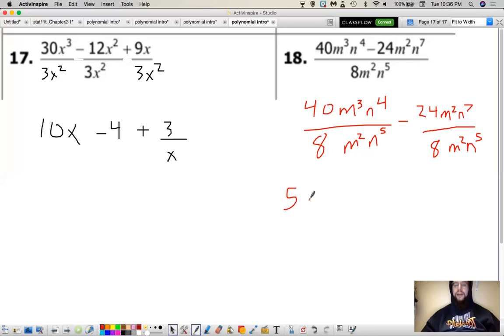M cubed divided by m squared is m. Oh, look at this. Bigger in the denominator, going in the denominator. Into the first pile. 5 minus 4 is 1. 3. No more m's. N squared. Done. That's it.